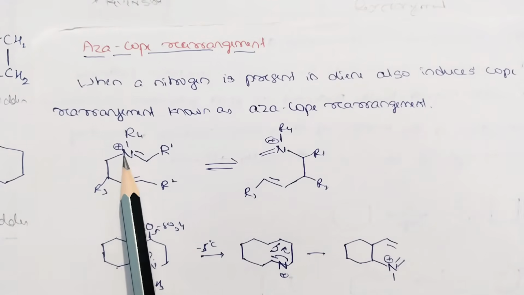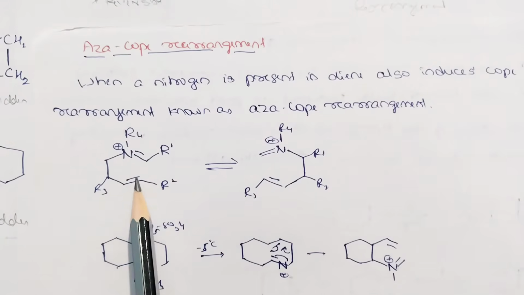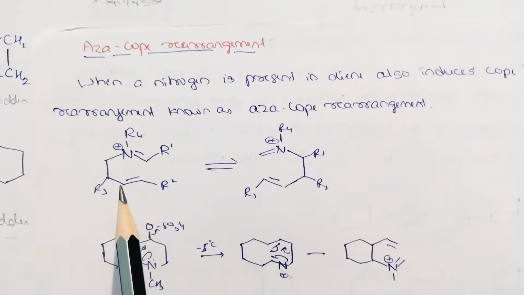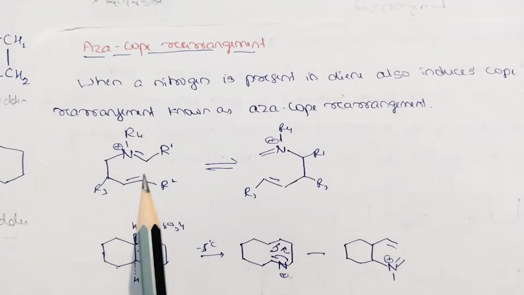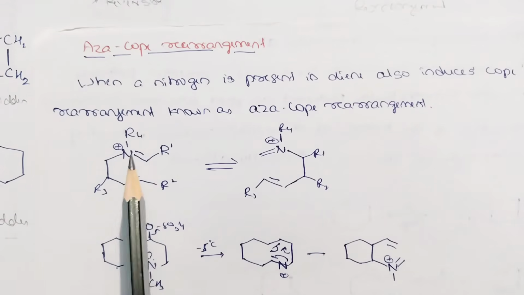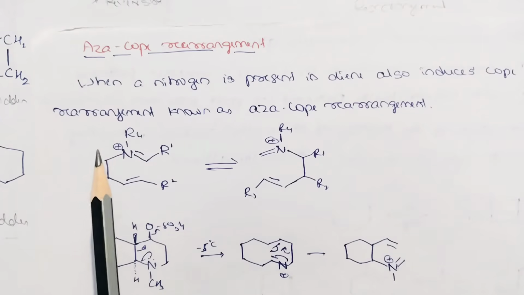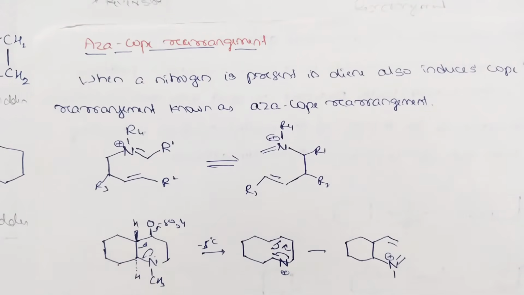Here you can find that N is present in the diene system. Here also 3,3 sigmatropic rearrangement takes place, thermally allowed. This is also a Cope rearrangement, but due to the presence of nitrogen, it is called aza-Cope rearrangement.